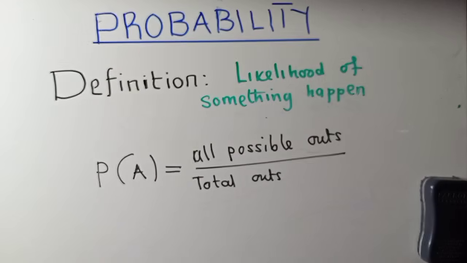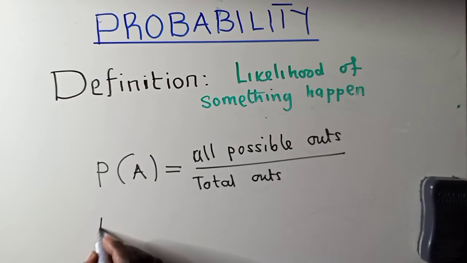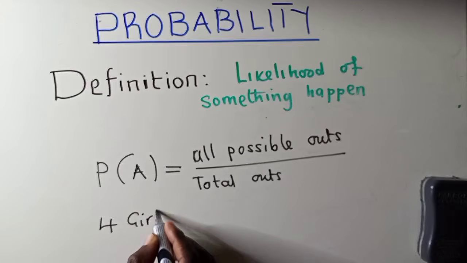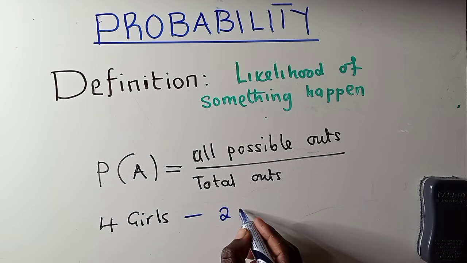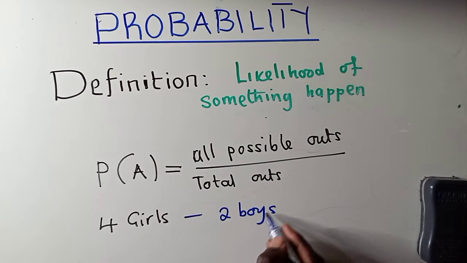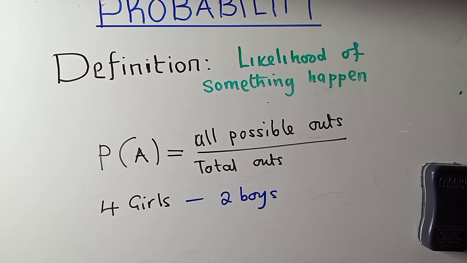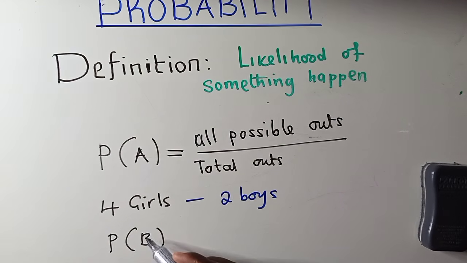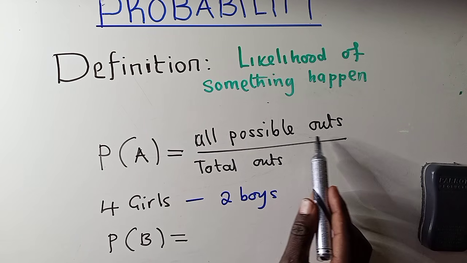So like what I just talked about, let's say you've got 4 girls there and 2 boys. I want to explain how this formula works. They ask you to find the probability of picking a boy. So what do you do here? You use this same formula. You say the probability of picking a boy, this is the event that we're talking about, is equal to all possible outcomes.